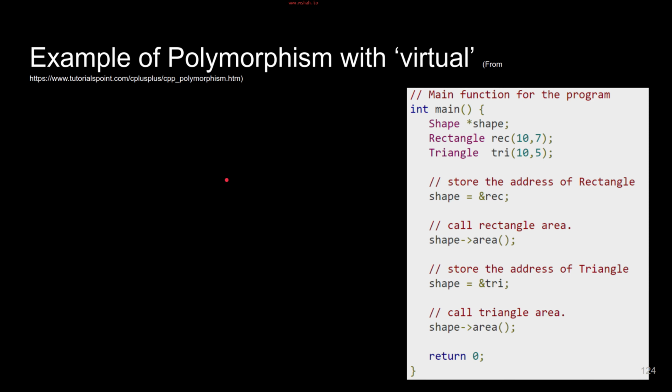Here's an example of what we mean with polymorphism with classes, where we have some shape, and we have a rectangle or a triangle. Based off of how it's used at runtime, I can reassign this shape, which is declared here, to the rectangle or triangle, because rectangles and triangles are both derived from the shape class. So we have that same polymorphic behavior in C++.